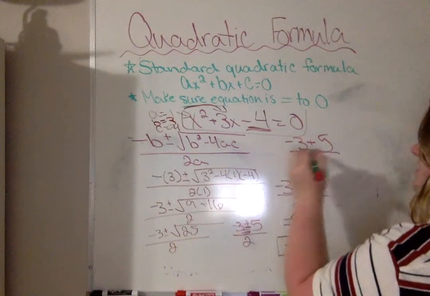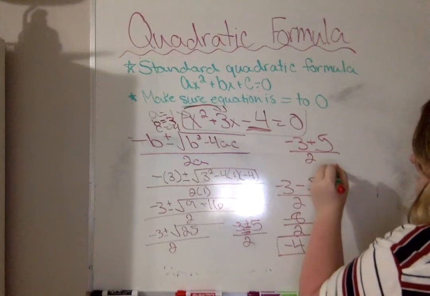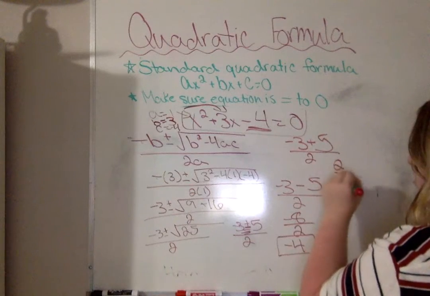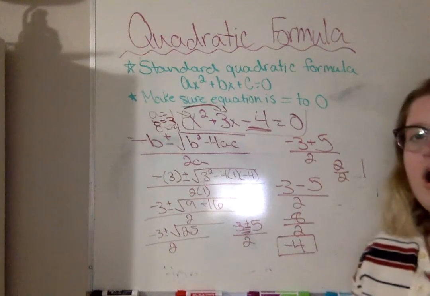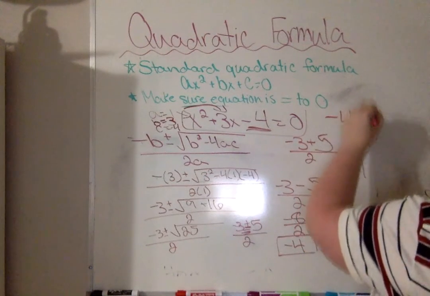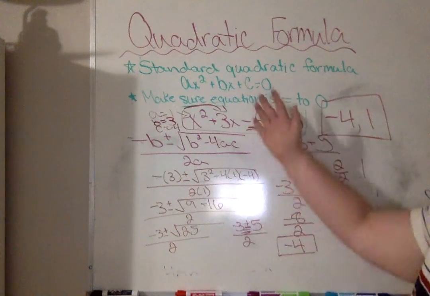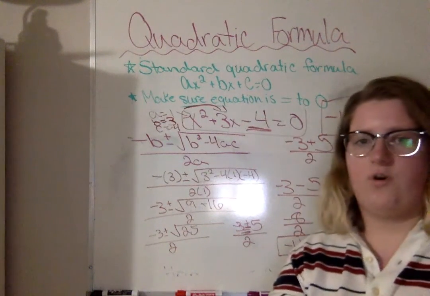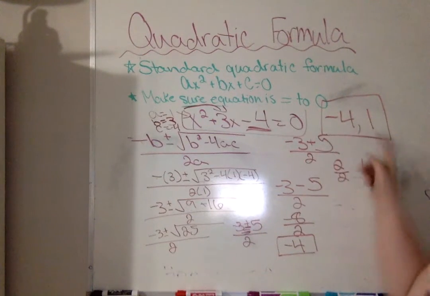Now, you just continue to solve it as you did the last one to get 2 over 2 and then 1. So, our solution set is -4 and 1. And after all this math that looks very difficult, it all comes down to -4 and 1.